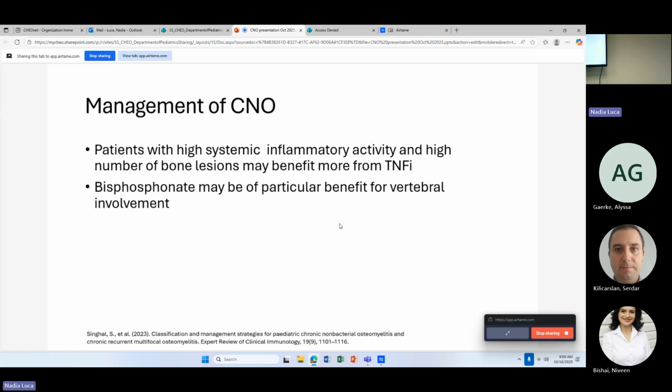But what they do say in the latest review paper is that if you have a patient with lots of bone lesions and high systemic inflammation, then maybe a TNF inhibitor would be a better choice. But if you have vertebral involvement, especially compression fracture, then this.